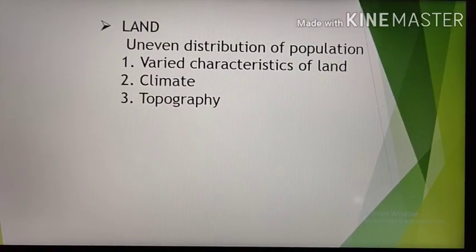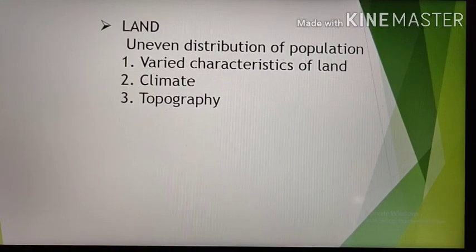Now, talking about the land resource, land is among the most important natural resources. It covers only about 30% of the total area of the earth's surface, and not all parts of this small percentage are habitable.